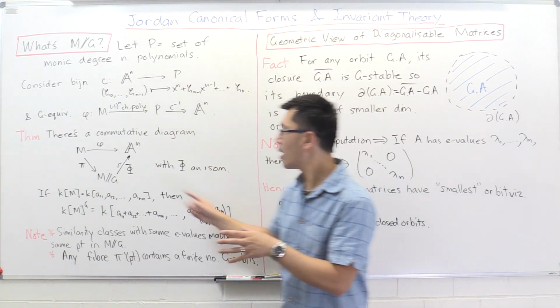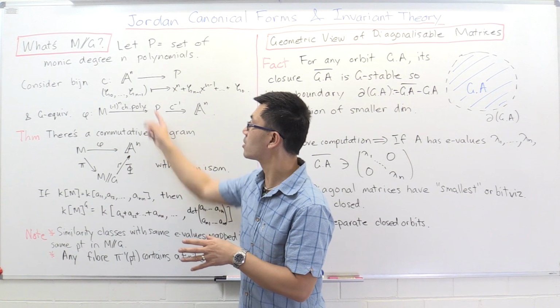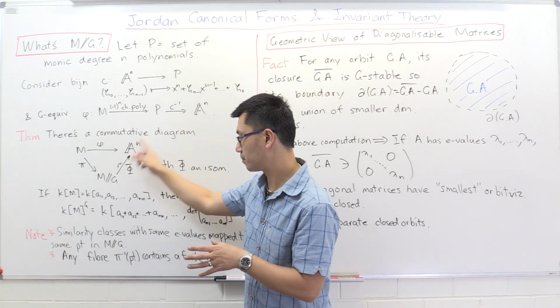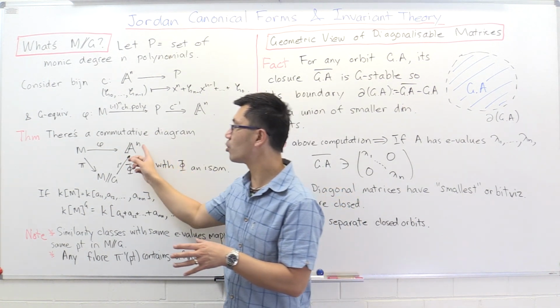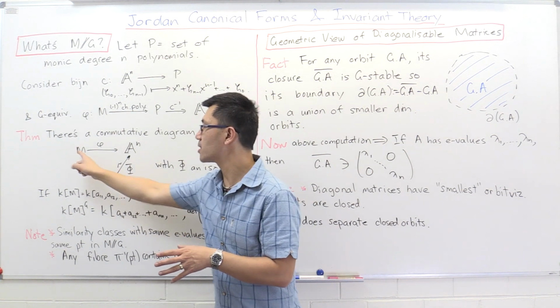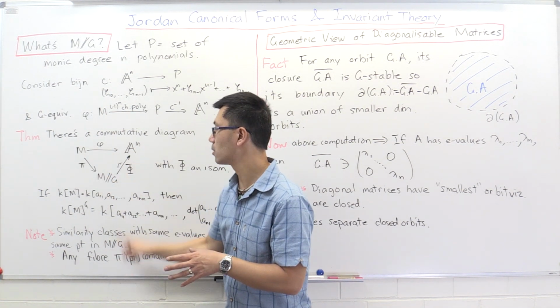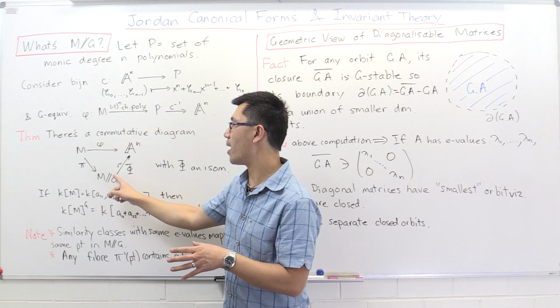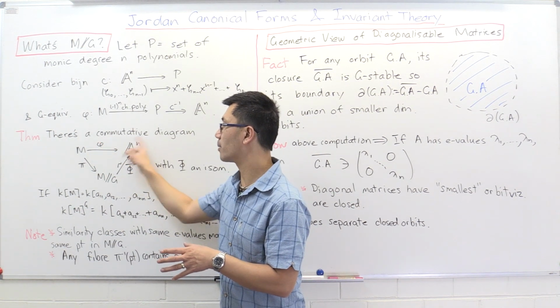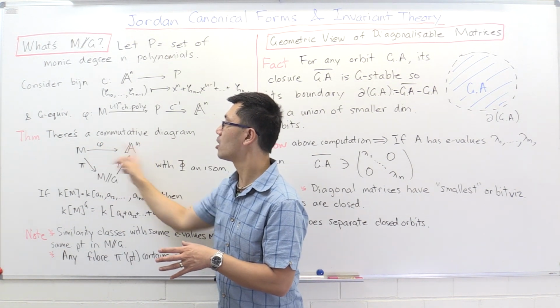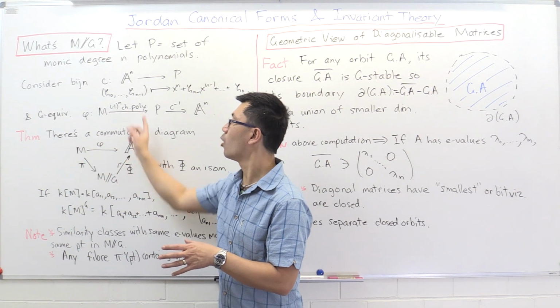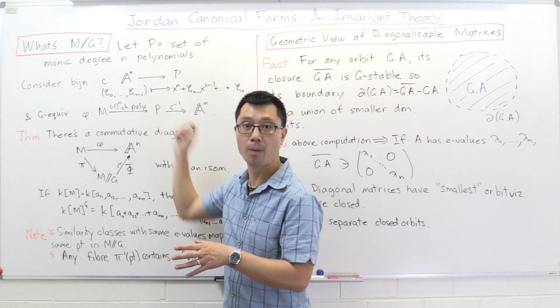So fixing the element inside here, which is a characteristic polynomial, you then want to look at the inverse image inside here, pi inverse of a point. That's the same as phi inverse of the corresponding point inside here. So basically all the matrices with that given fixed characteristic polynomial.